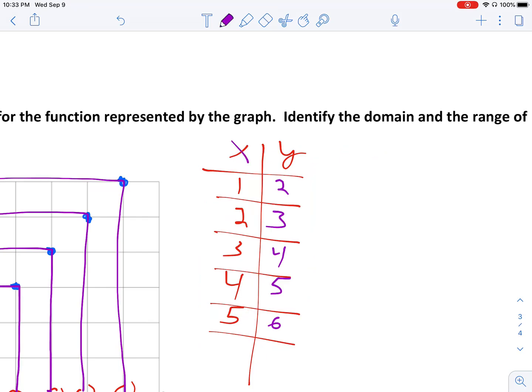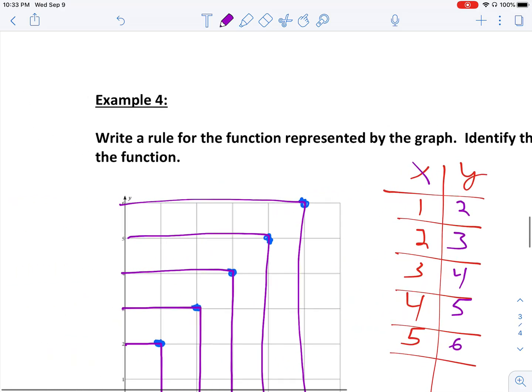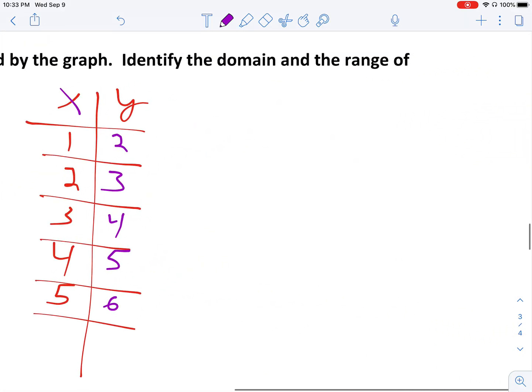Now, write the rule. Well, we know it's going to be y equals, and the rule has to be what's being done to x to give me y. So 1 to 2, you're increasing, so it's either add or multiply.